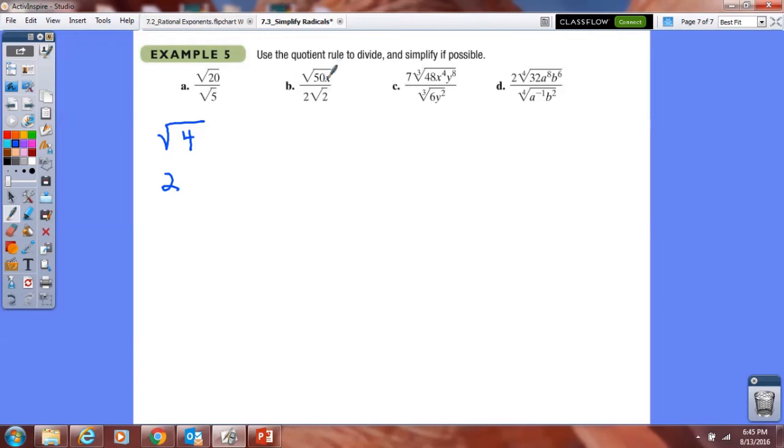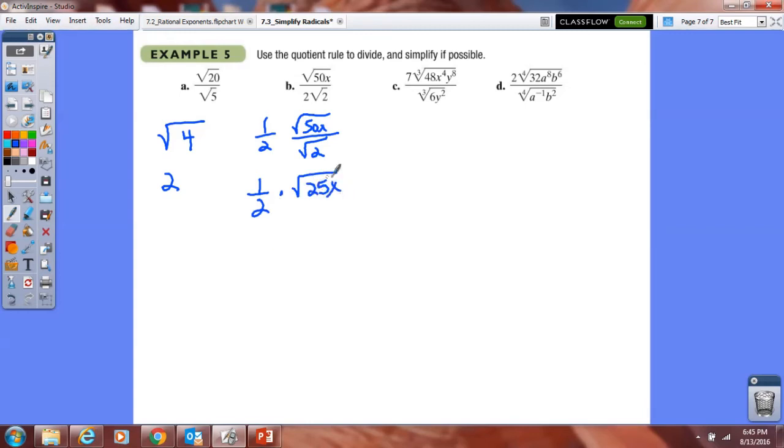Here we can simplify. What we want to do here is let's take out, we'll split this 2 here since it's not under a radical. Let's just put that as 1/2, and then let's put the radical 50x over the square root of 2 together, and let's divide the square root of 2 into the square root of 50, which that's going to give us 1/2 times the square root of 25x.